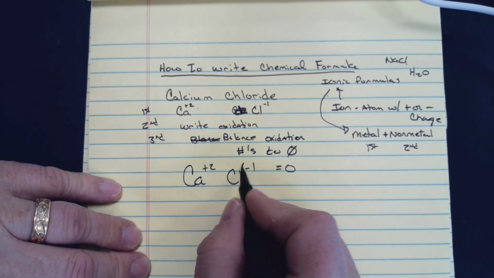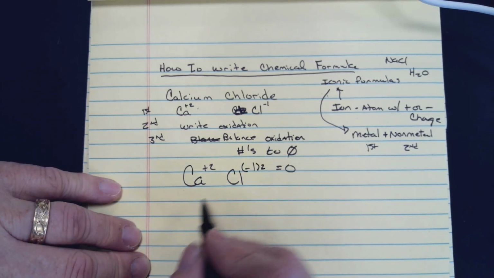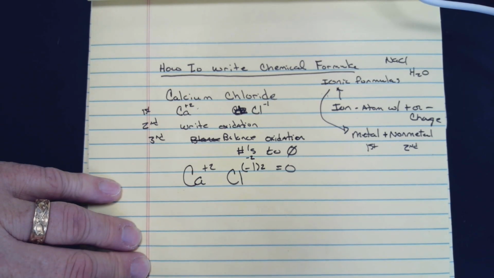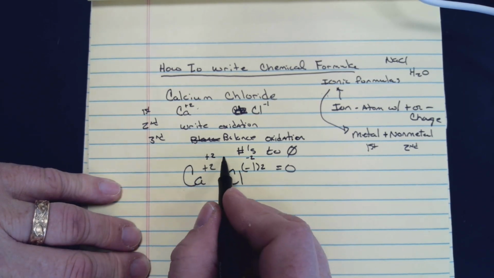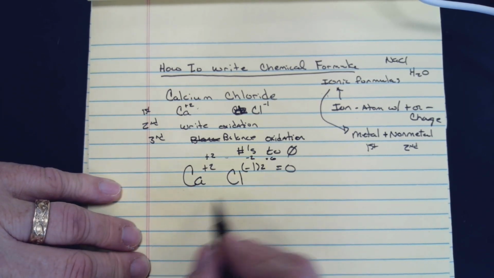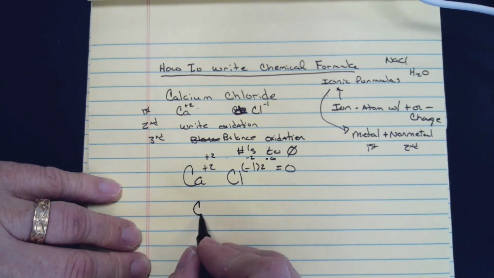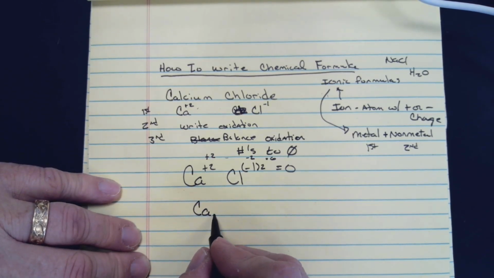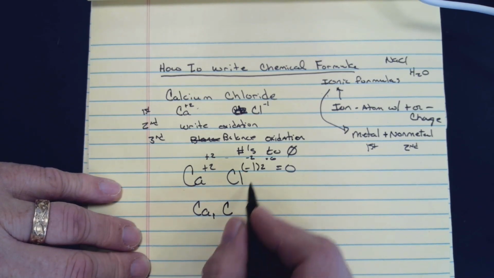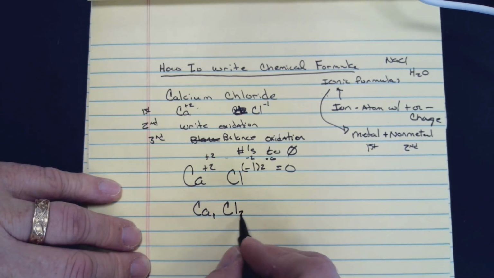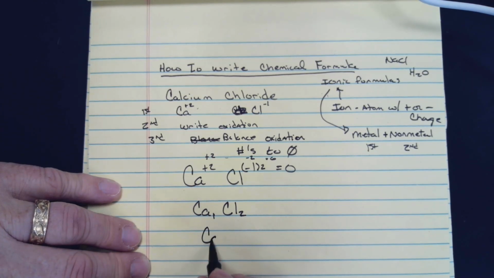Well, to do that, I take this times 2. That gives me a -2 there. This is still +2. If I add those together, that's 0. So when I did that, that told me that calcium, I needed just 1 of them. We don't bother to write the 1. I took 2 of them. So the correct chemical formula is that.